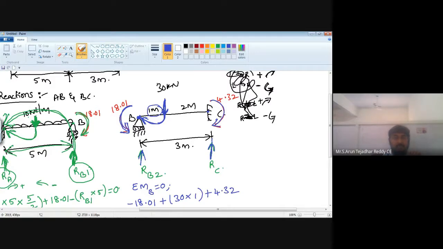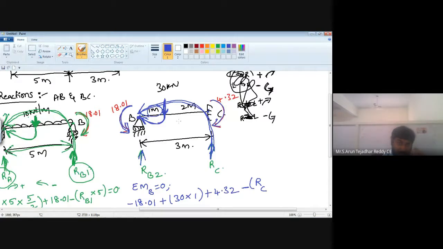It is moving in this direction, so it is an anti-clockwise direction. Consider minus RC.